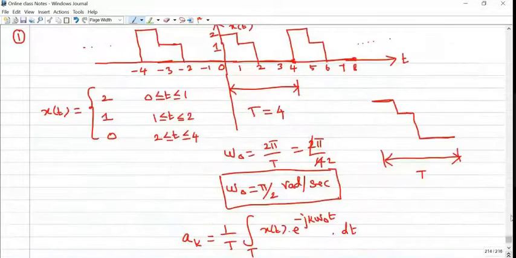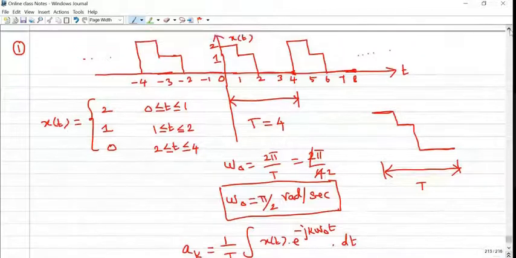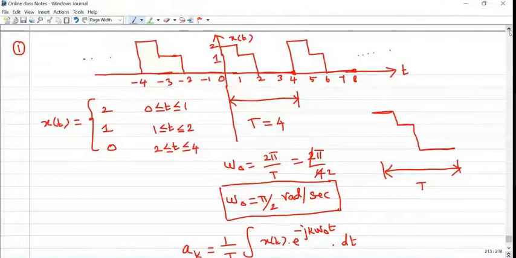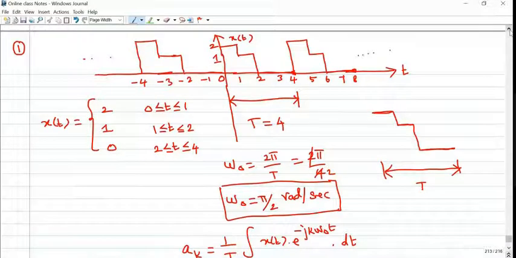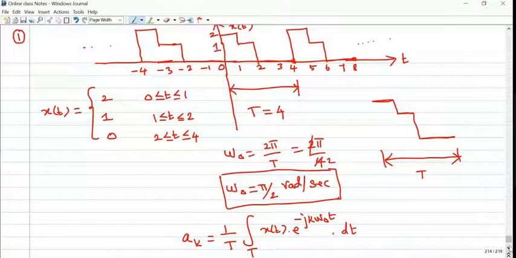So is it understood? The procedure is similar. Only the formula we have to remember, and practice is very important. So I'll solve only one more problem in exponential Fourier series.